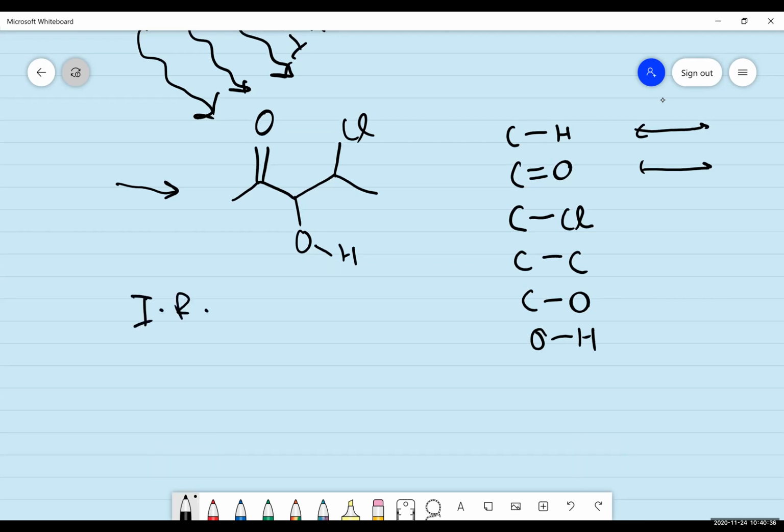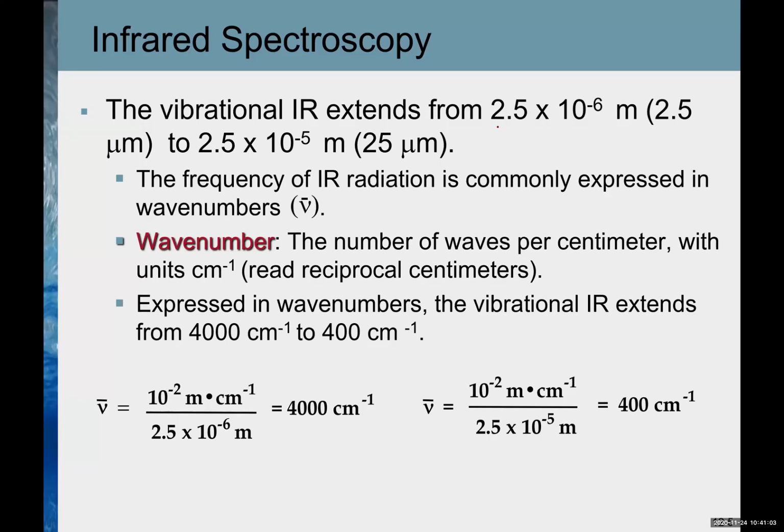infrared radiation's wavelength or frequency, well, let me confirm. I don't want to give you a wrong number. I think I have it there in this one. The wavelength falls from 2.5 times 10 to the negative 6 to 2.5 times 10 to the negative 5. Okay, let's go back.